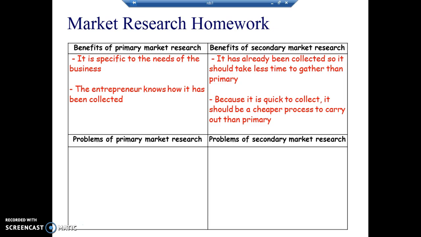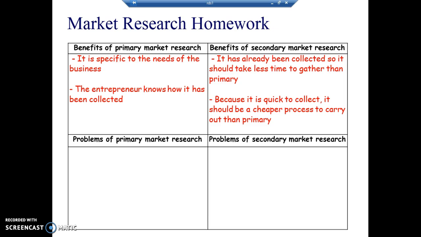So they will have an idea of the age of the data, because with secondary market research it might be quite out of date. They will also know the methods that were used to collect it.